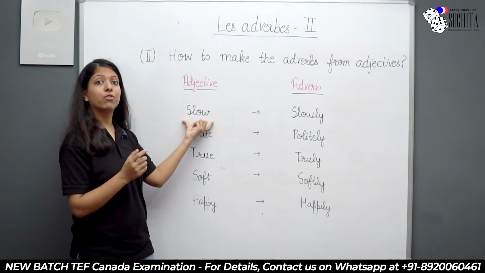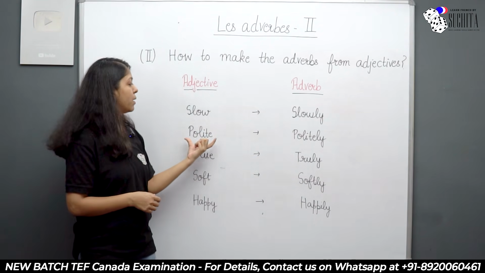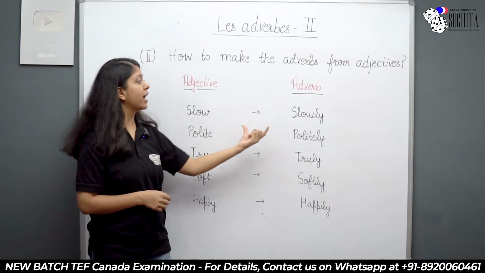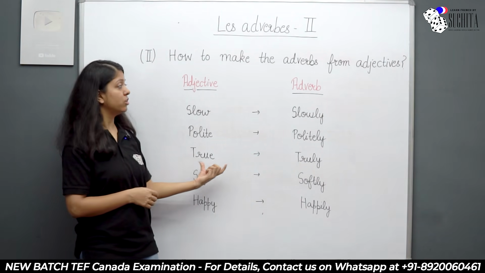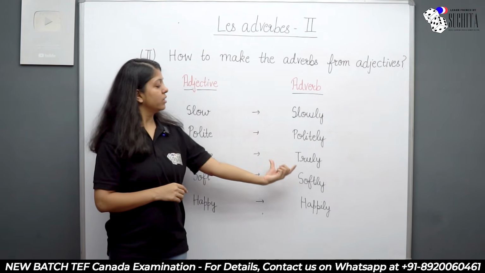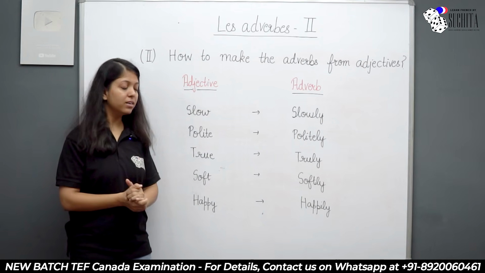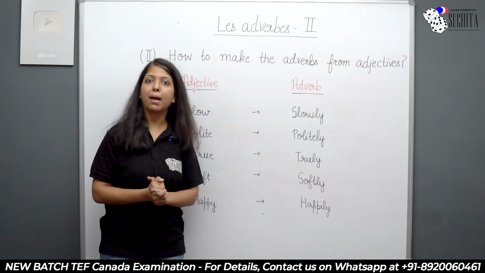For slow, the adverb is slowly. Polite, that's an adjective, the adverb is politely. True, the adverb is truly. Soft, the adverb is softly. Happy, which is an adjective, the adverb is happily.